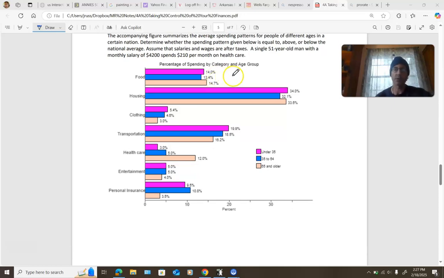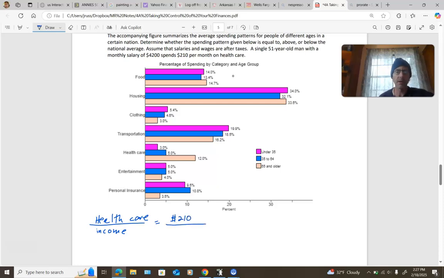So to figure out that percentage, similar to one of those previous examples in part 1 video, it's going to be the amount spent on healthcare divided by the total income. Again, this is going to give us a decimal.